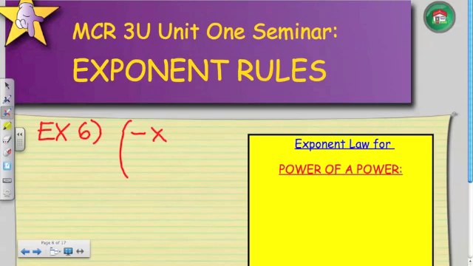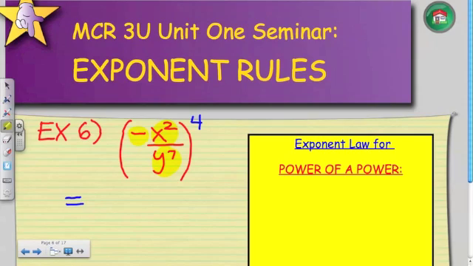Negative x squared y to the power of 7, and all of this is going to be to the power of positive 4. So I'm going to apply that power to everything separately inside the brackets. And once again, we can't simplify further inside the brackets because we have different variables, different terms. So I can go ahead and apply my power.